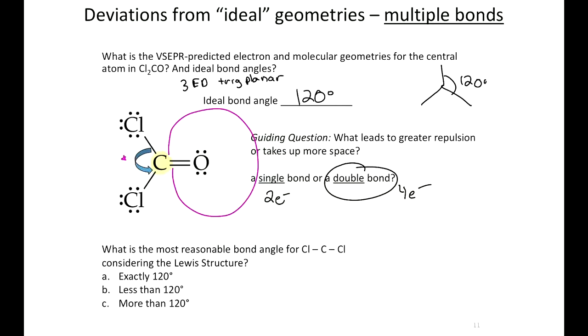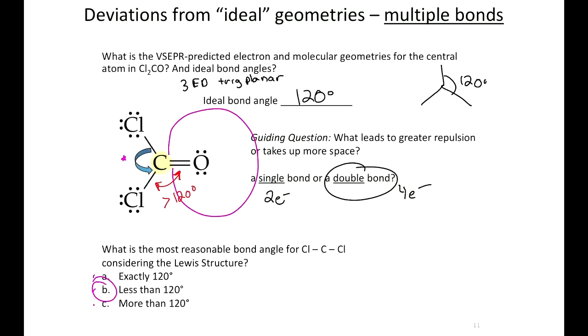So this indicated bond angle right there, what do we think that bond angle will be? Will it be exactly 120? No, it won't. Which one is it going to be? Less than, yes, it's less than, okay? But what if I asked you, what is this bond angle right here, the red one? It'll be a little bit more than 120 degrees because it's part of that big cloud where those 4 electrons in the double bond reside.